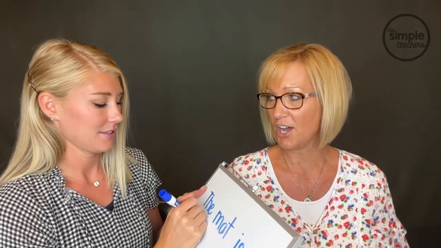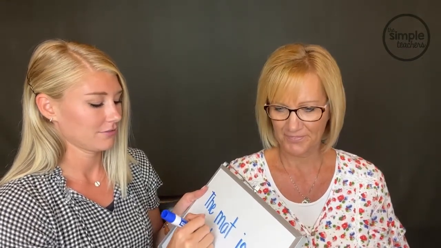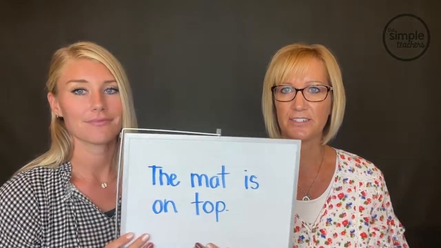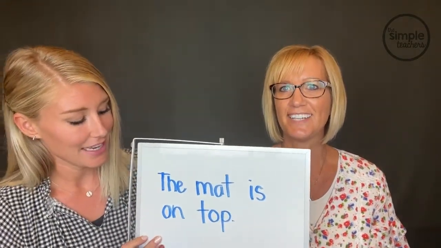All right, let's read it together. The mat is on top. Nice job. And you wander around and say it 3-4 times, and then everyone can chorally read it together. And there's a few dictation ideas.